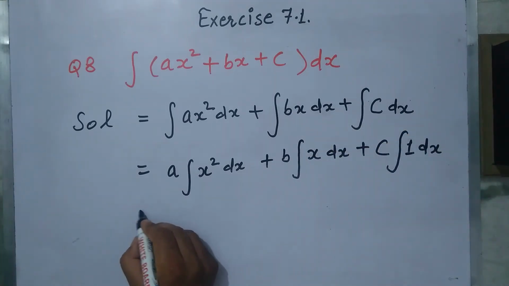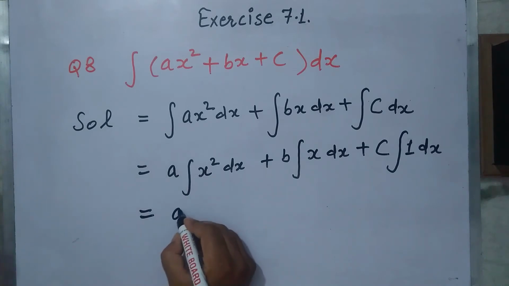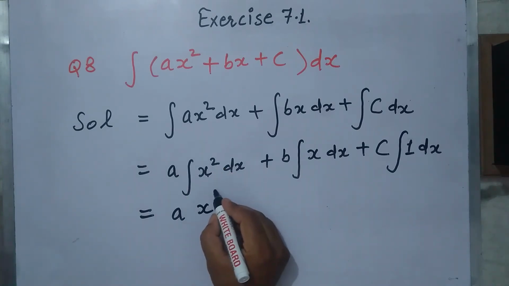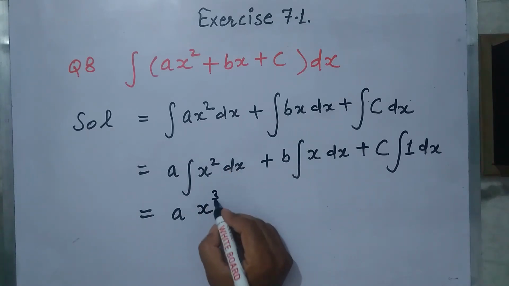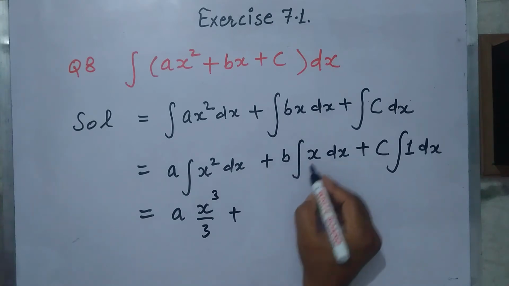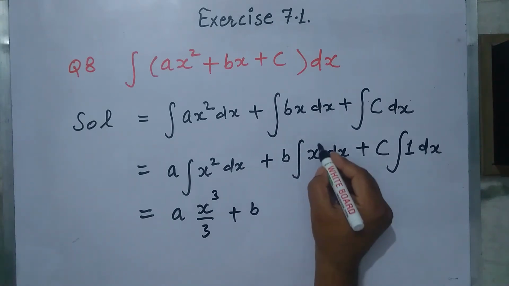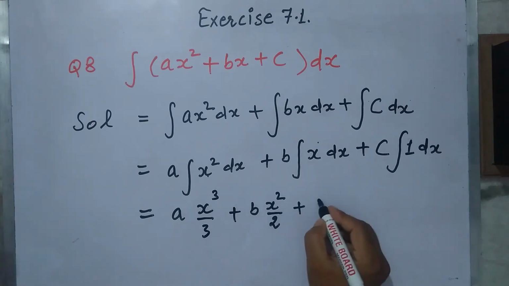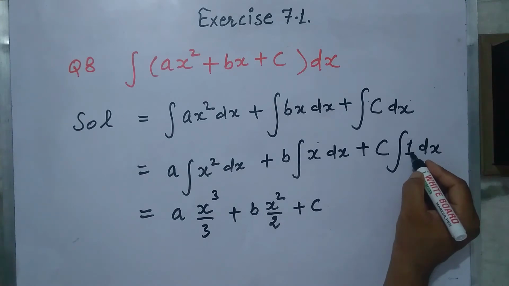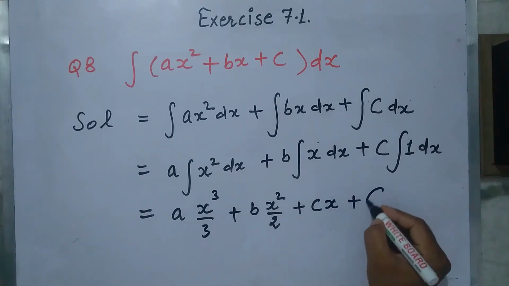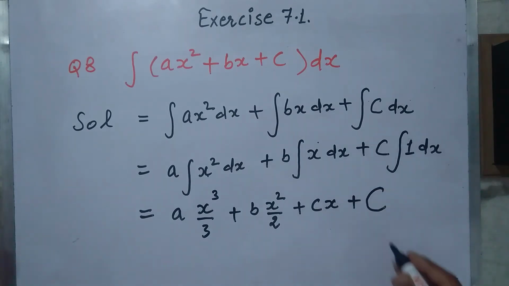So final answer is a into integration of x square is x raised to power 2 plus 1, 3 upon 3, plus b into x raised to power 1 plus 1, x square upon 2, plus c into integration of 1 is x plus c, the constant of integration.